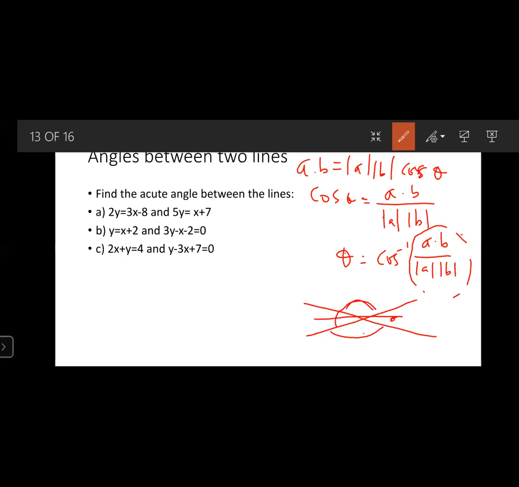So if you look at this now, one of them must be obtuse and one of them must be acute, except if they are perpendicular. If they are perpendicular, it means both the angles will be 90 degrees. But if the two lines are not perpendicular to each other, we must have an acute angle there, and we must also have an obtuse angle.